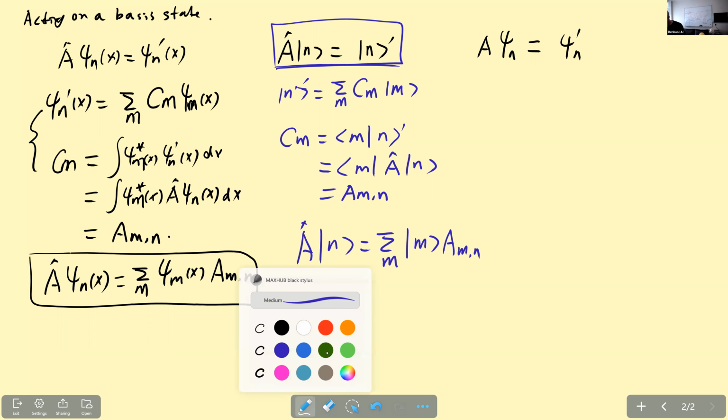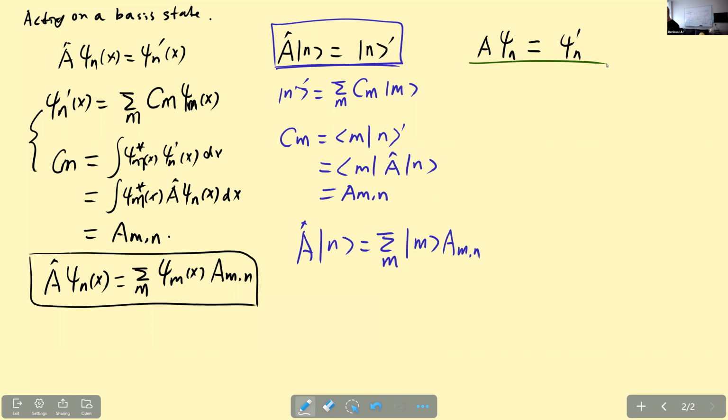And now let's look at the matrix form. That's even simpler, okay? What is psi_m? Psi_1 actually equals (1, 0, 0), right? Psi_2 equals (0, 1, 0), and so on and so forth, right? So what is this A matrix then?